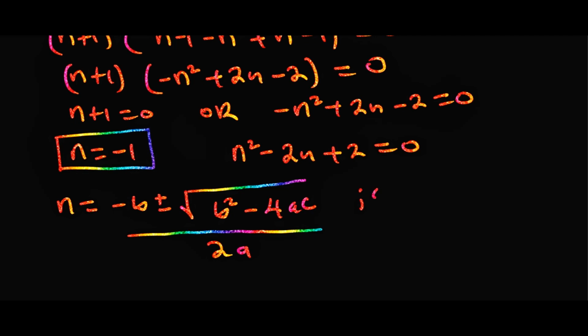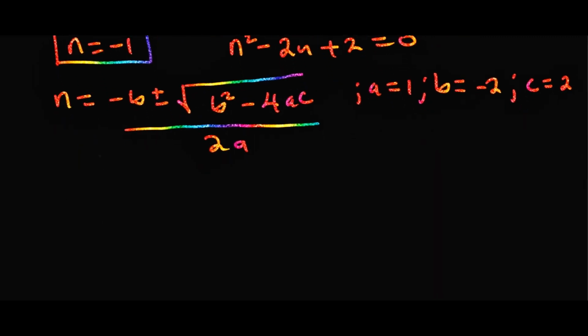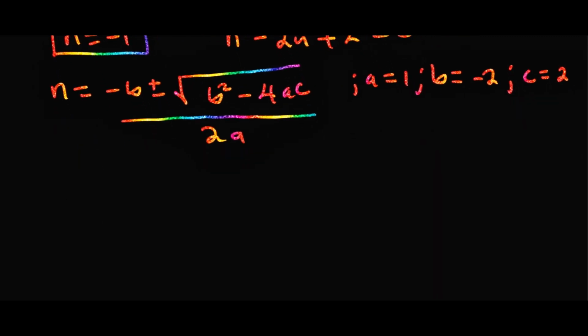So let us identify what a is. So a, according to this, is 1, and b, according to that, is -2, and c is +2. So all we need to do is substitute these values into our formula.